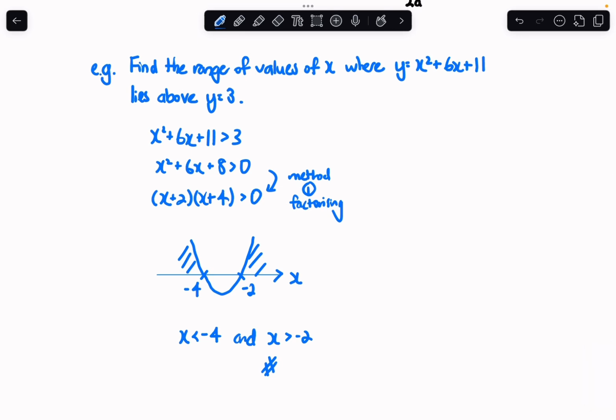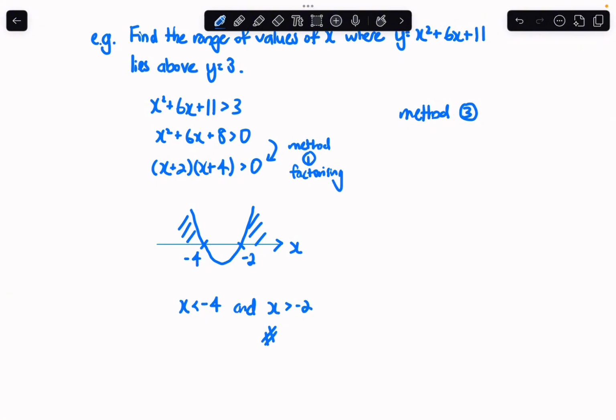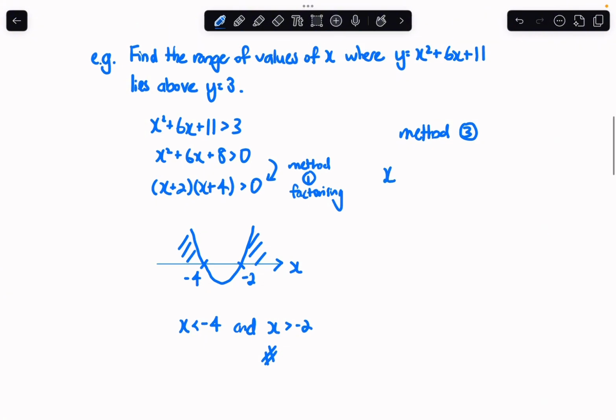If you want to use method 2, method 3 also can. Method 2 no need really, as we covered in chapter 1. So method 3 will be x equals negative b plus minus square root of b squared minus 4ac over 2a.